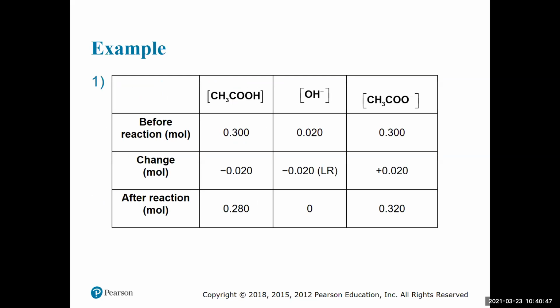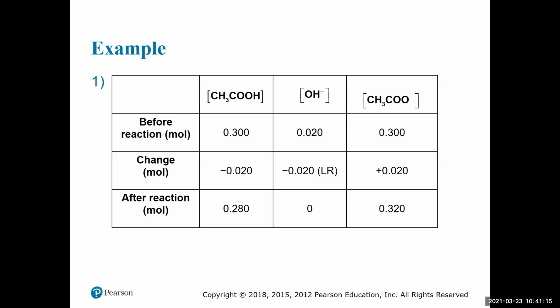We start out with 0.3 moles of the acetic acid and 0.3 moles of the acetate ion. And then we're adding 0.02 moles of the hydroxide. So when we look at what the change is, that 0.02 moles of hydroxide is going to react with the acetic acid. So that's minus 0.020 for the change of acetic acid.